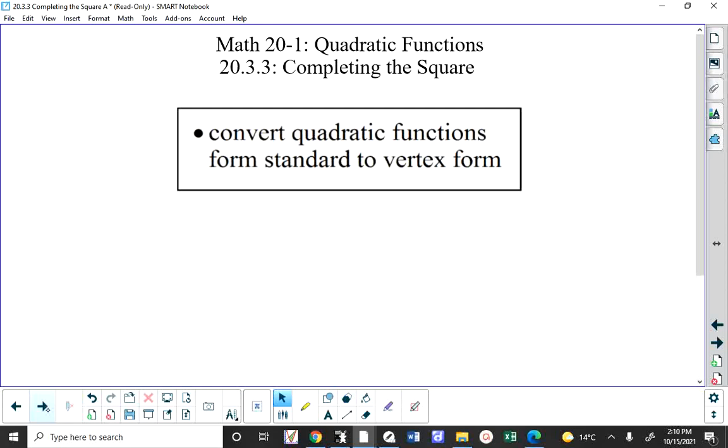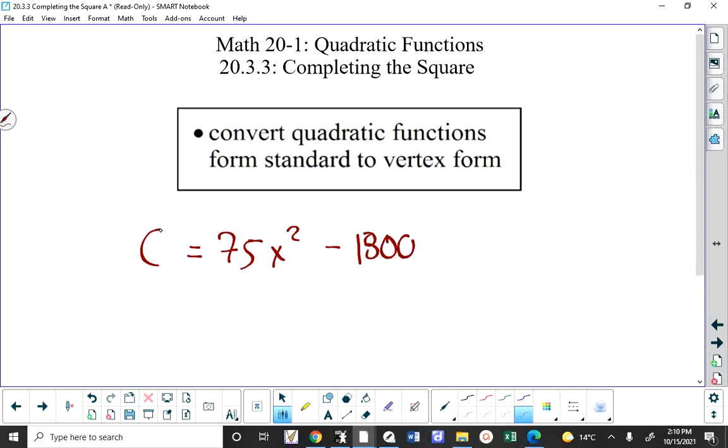And what we were just dealing with is a perfect example of why completing the square might be helpful. I believe it was 75x squared minus 1800x plus 60,000. I think that was the function we were just dealing with. It wasn't x, it was n.